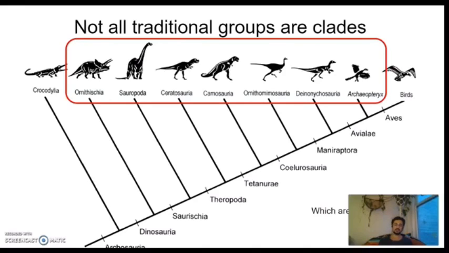So if you look, all of these organisms have a common ancestor that made Dinosauria. And if you follow to the right, you'll see that there's one group that we don't traditionally view as a dinosaur, and those are the birds. But according to this tree, birds are well embedded in the group Dinosauria.